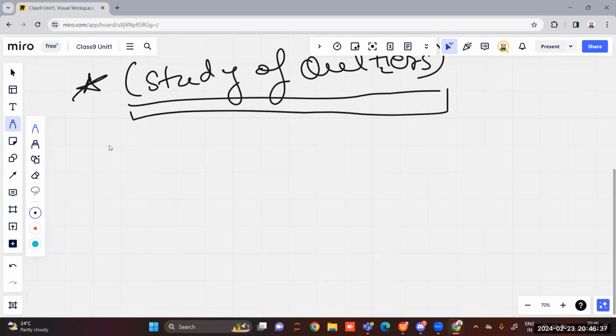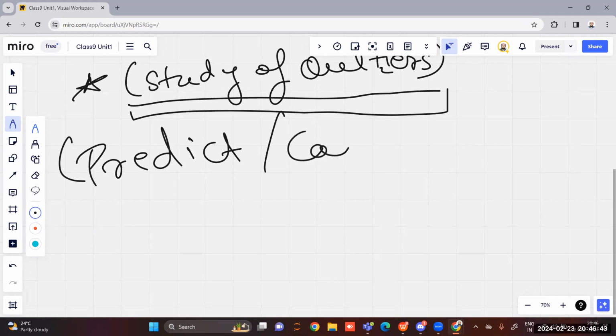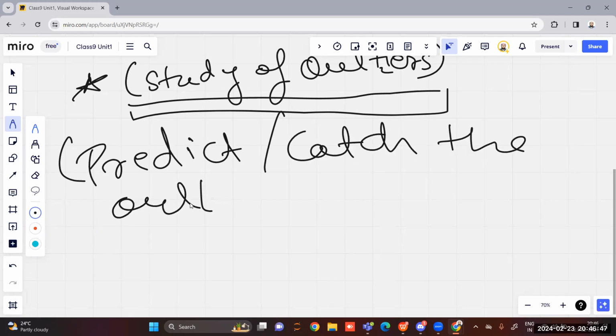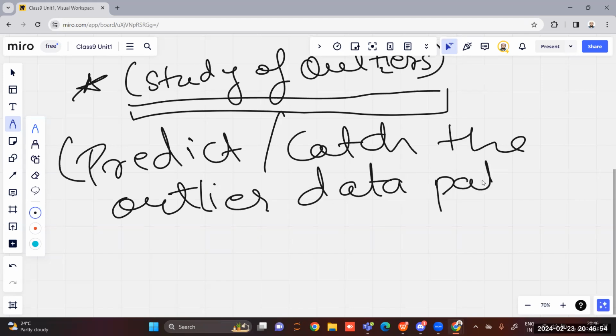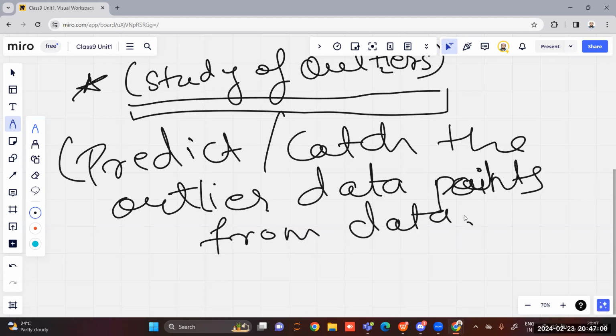So how do we catch the outlier data points from the data? This is the thing that we need to calculate.